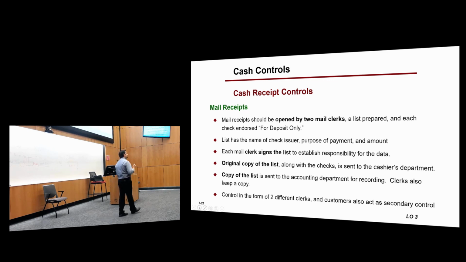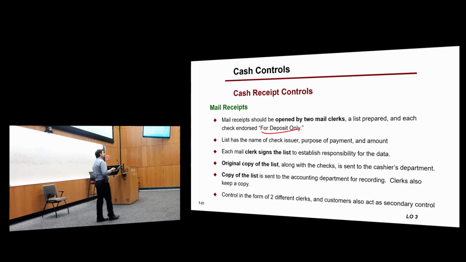They mark it for deposit only. When a check is marked for deposit only, the bank will not give cash to anyone; it will only be deposited in a certain bank account.